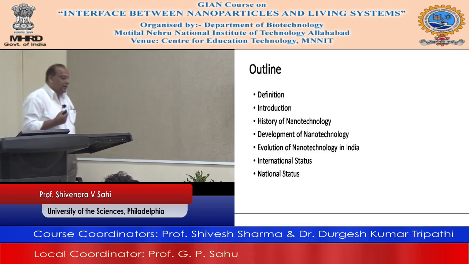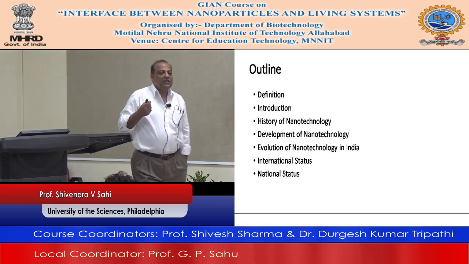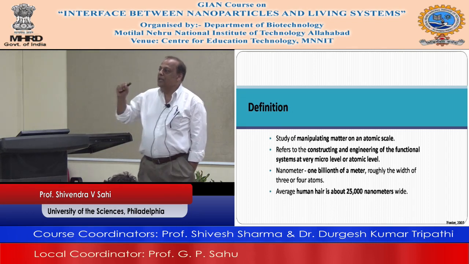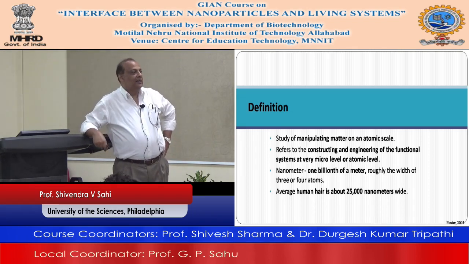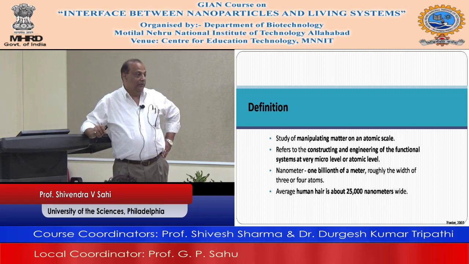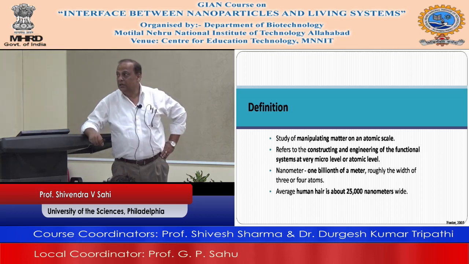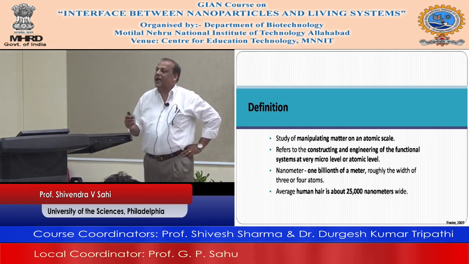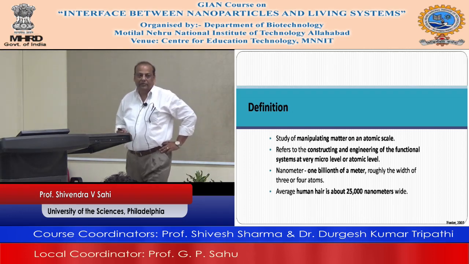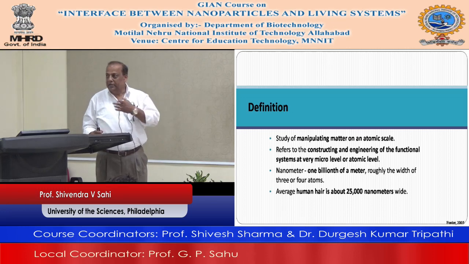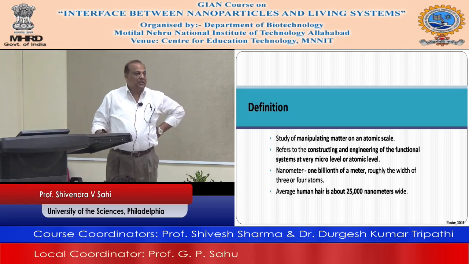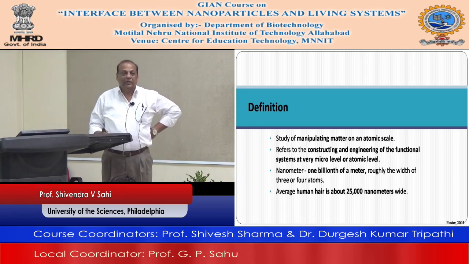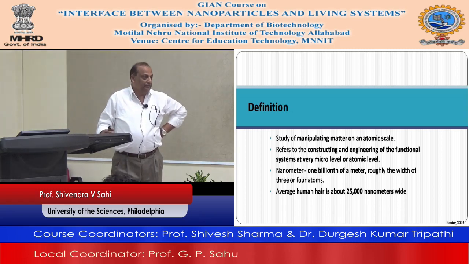Okay, so the definition of nanotechnology is manipulating matter at the atomic level, very, very small. We're talking about the nanometer range here, constructing and engineering functional systems at a very micro, very atomic level. You will see the size here: we're talking about 1/1000th of a meter.